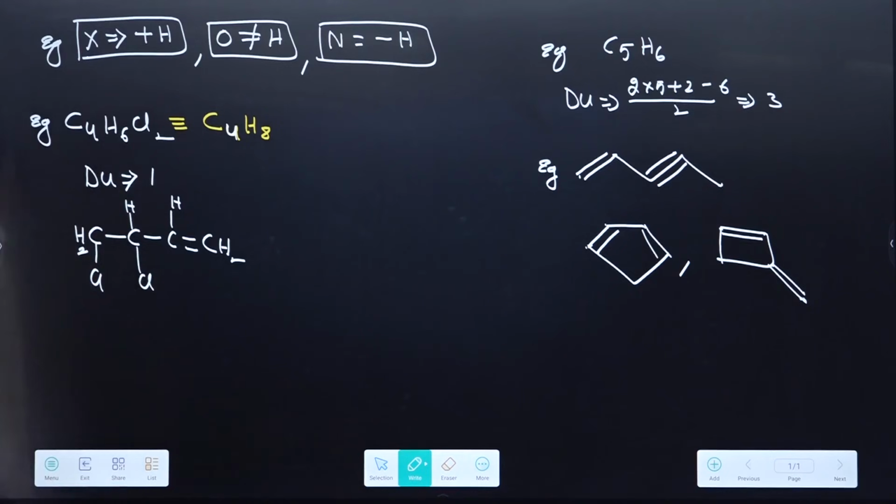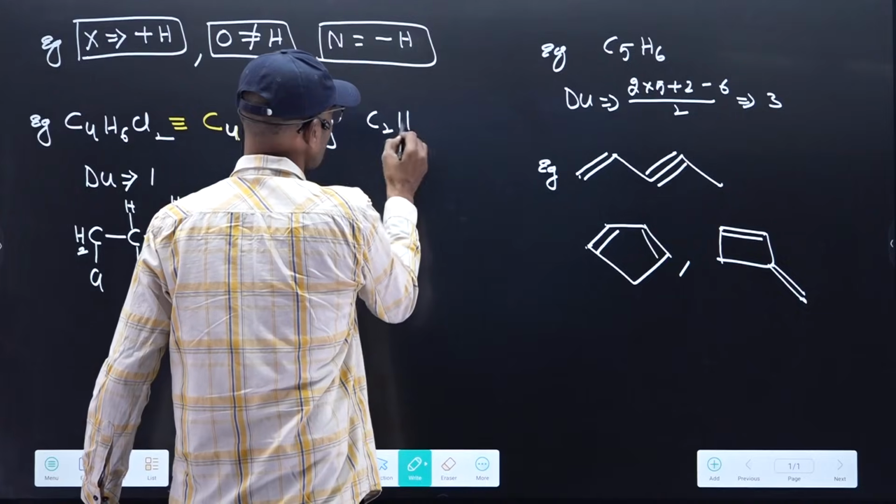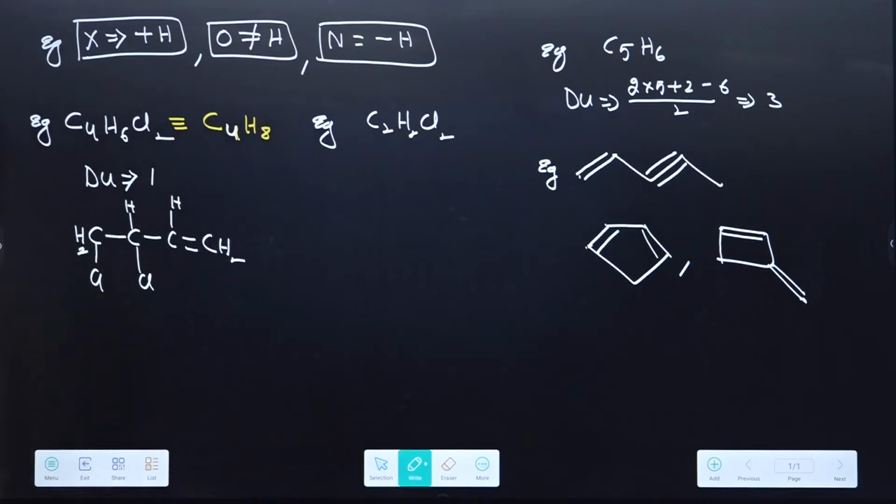Clear? So now you calculate this with 2 halogens. C2H2Cl2. What is the Du? What is the structure? At least one structure.